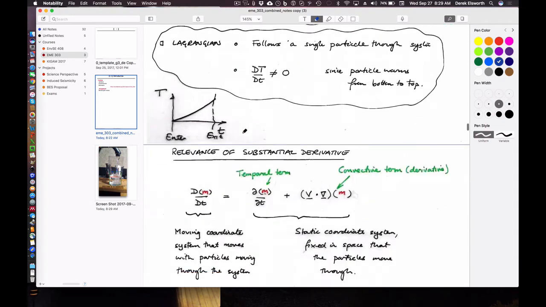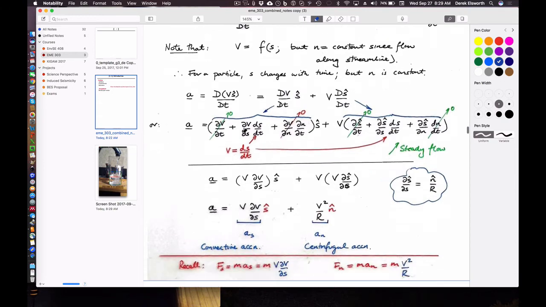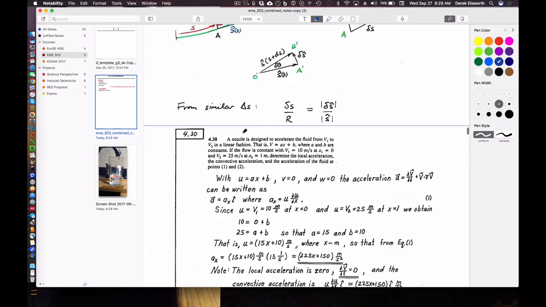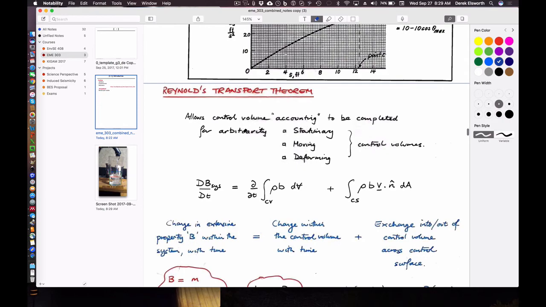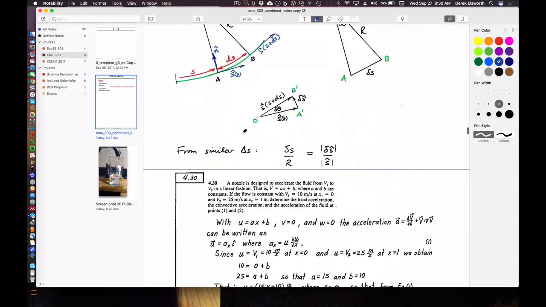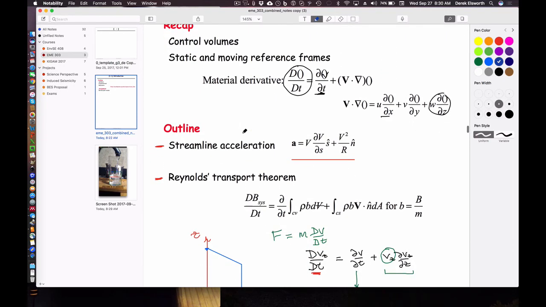So this was what we didn't talk about last time. Just to make you feel good, this is all the derivations we didn't do today to get the convective acceleration, by the way. And this is the equation that we're now going to concentrate on, which is Reynolds transport theorem.